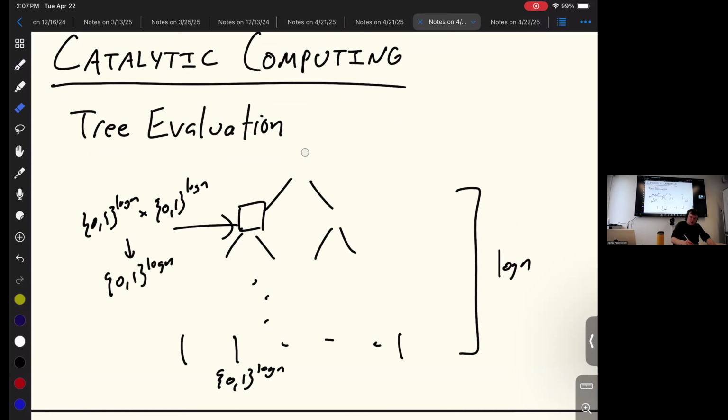So the entire tree evaluation input will be the leaf values and all of the functions in the interior of the tree. At which point, the function is simple. Start at the bottom and evaluate your way up to the top. Every node has two children and a function to tell you how to output something. So at the end, this is going to be the output of the function coming at this top node here.